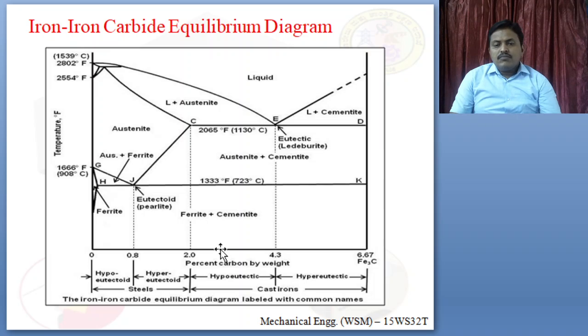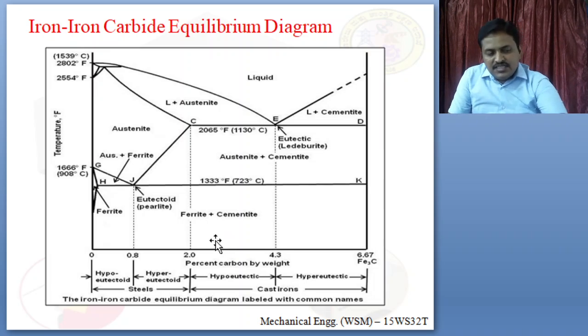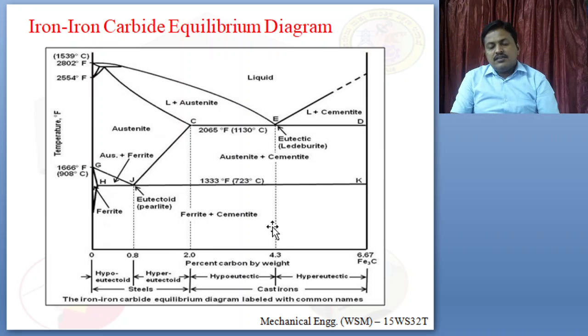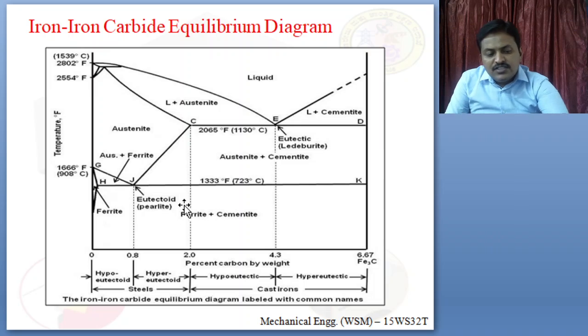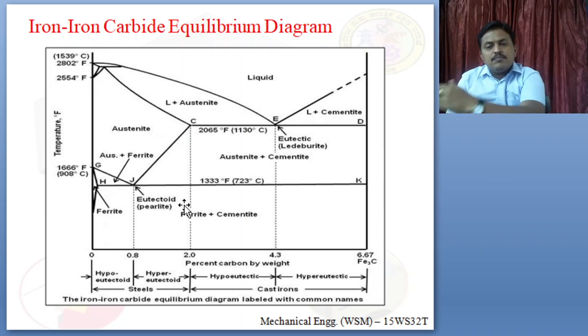Next, we have carbon. What is the maximum percentage of carbon that can be added in the iron carbon equilibrium diagram?